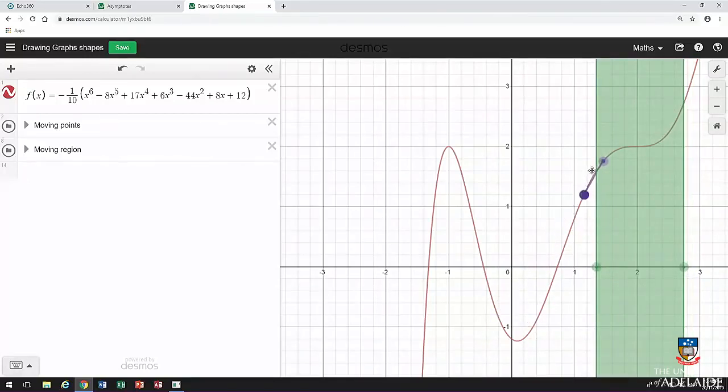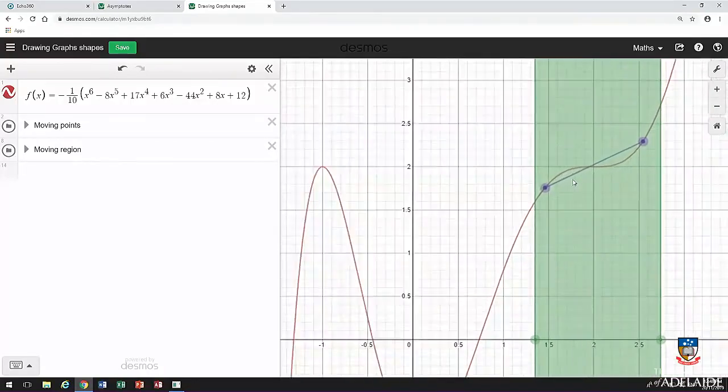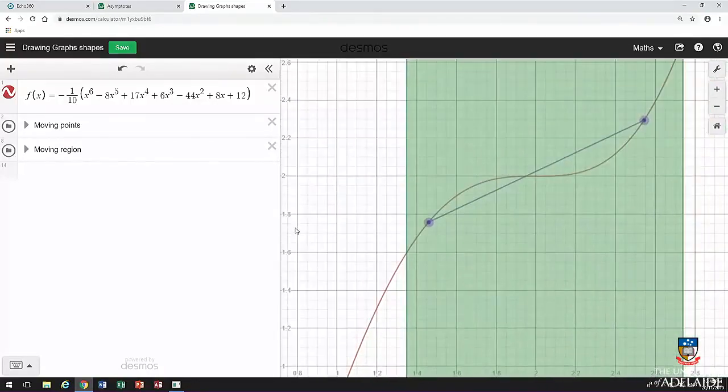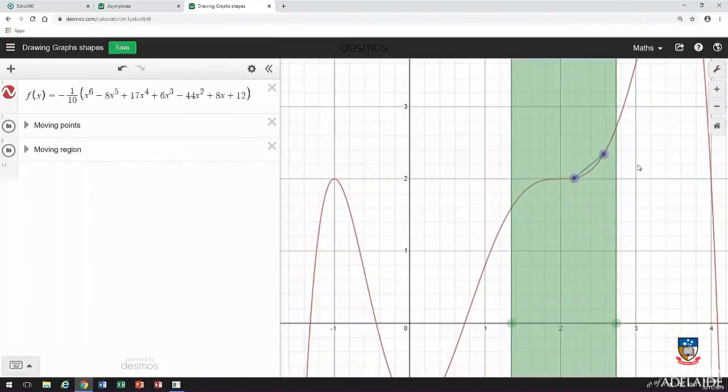For a start, this line is both above and below the graph. So it is not concave up and it's not concave down. In some places it's totally below, and some places it's totally above. And so I could probably find regions within this region where it's concave up and concave down, but as a whole on this region it's neither.